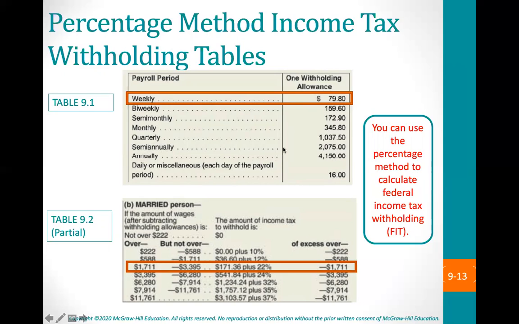When you subtract it twice, you get $2,490.40, which falls into this category. What this says is that the wages are over $1,711, but not over $3,395. Then the amount to withhold is $171.36 plus an additional 22% of the amount of wages over $1,711.